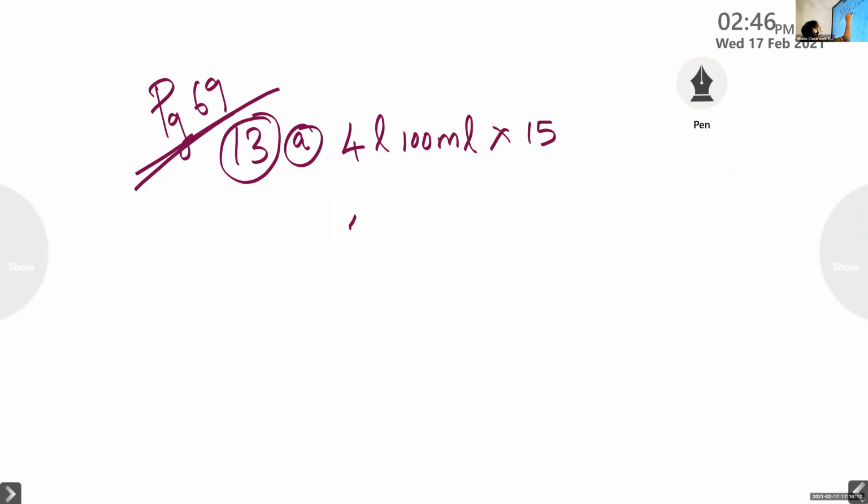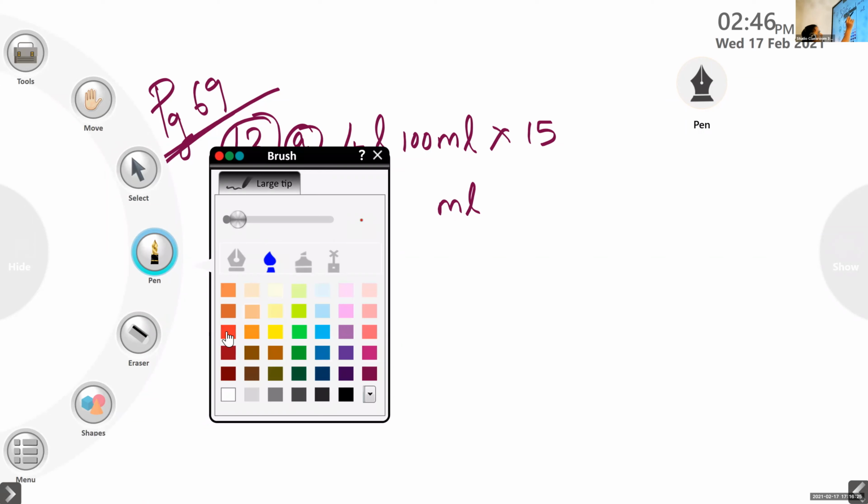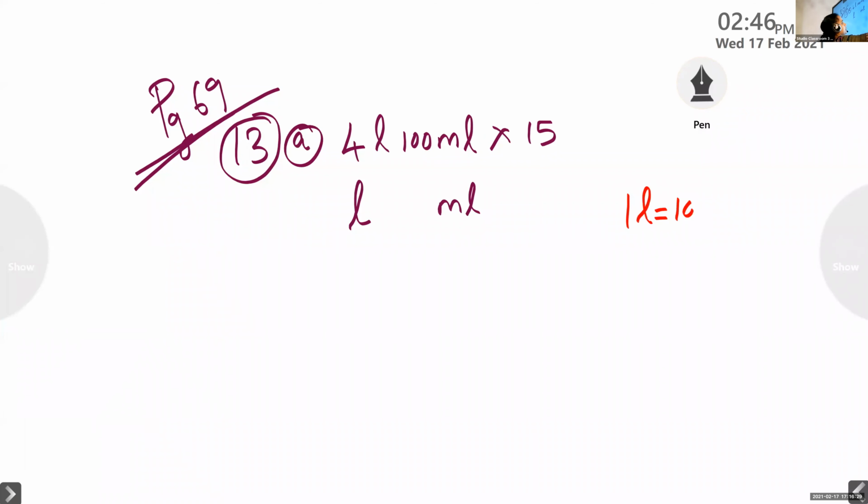Now, children, this is L and ml. And you know 1 liter is equal to how many ml? In the last class we learned 1 liter is equal to 1000 ml.